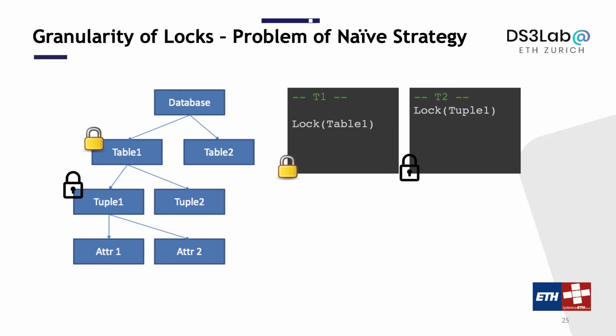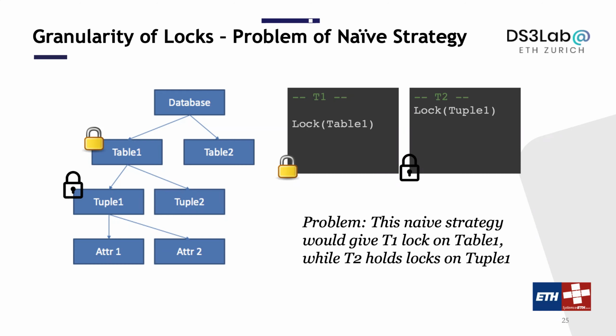But clearly that shouldn't happen, because when T1 has a lock on table 1, its expectation is that it can do whatever it wants on everything related to that table. However, T2 is holding a lock on tuple 1. T2's expectation is that it can do whatever it wants on tuple 1, and no one is going to touch it. As you can see, there's a conflict because of this hierarchy. When I gave T1 the lock on table 1, I shouldn't give T2 the lock on tuple 1, because tuple 1 is part of table 1.